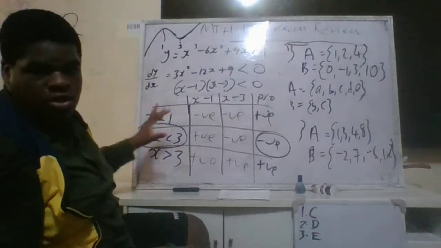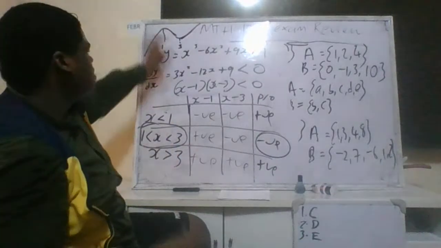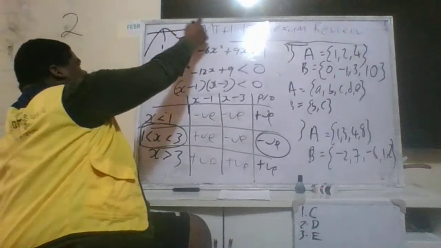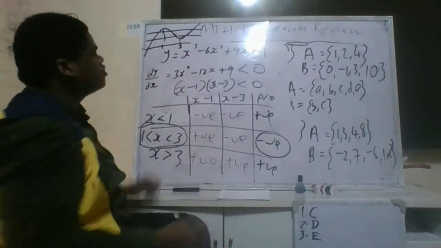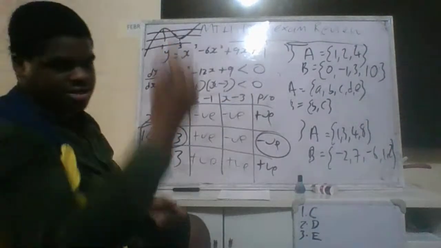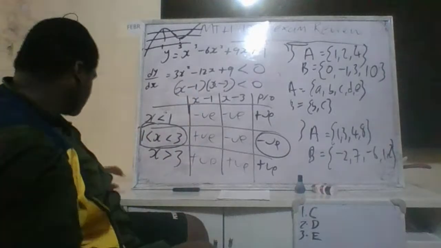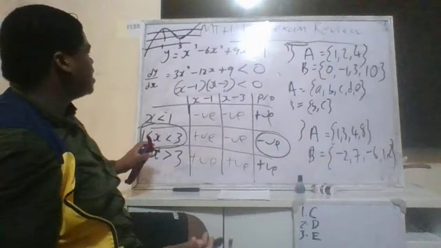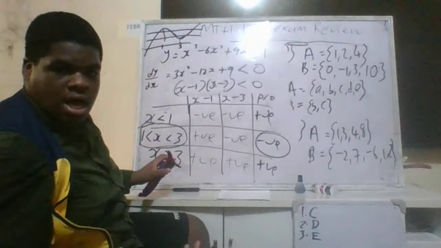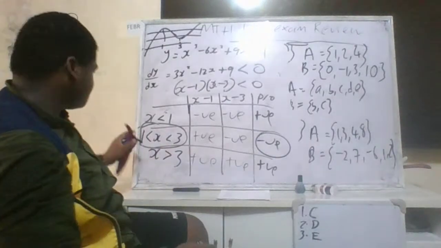But from this alone, I cannot tell you where the x-axis is. I can only tell you how the curve will increase and decrease from this information. But anyway, I believe that's the end of this. I can move on to the next part.